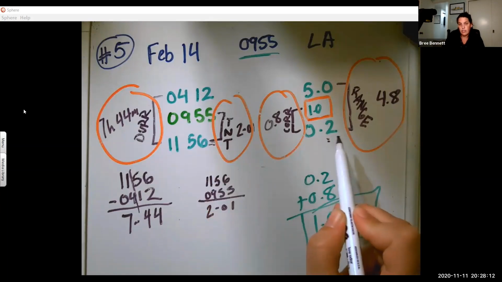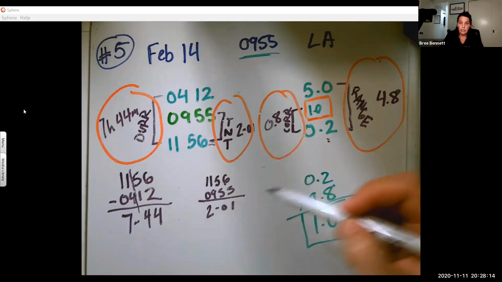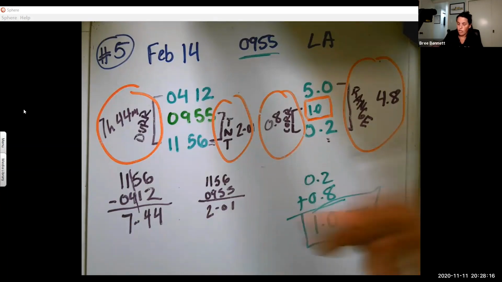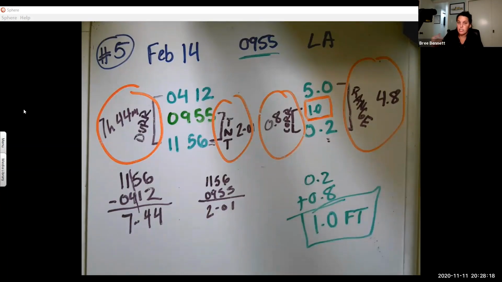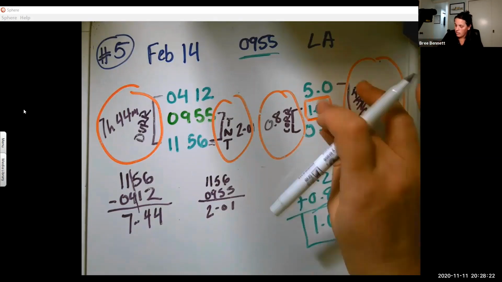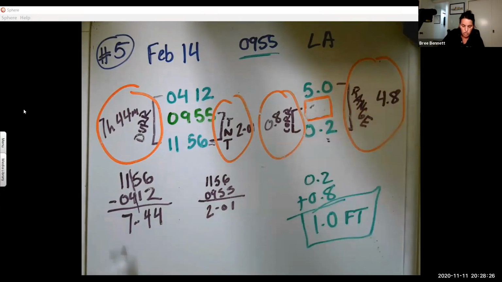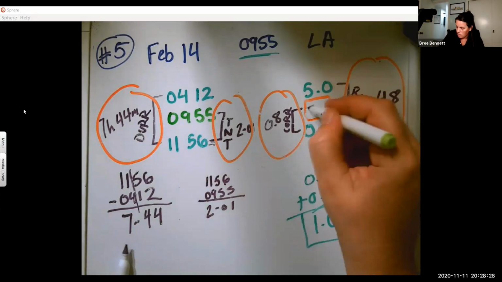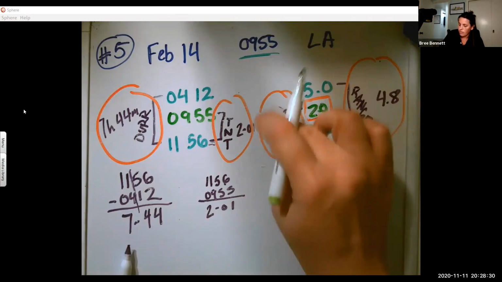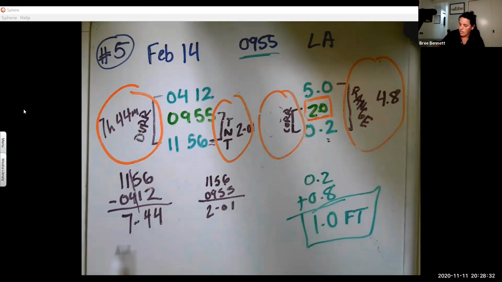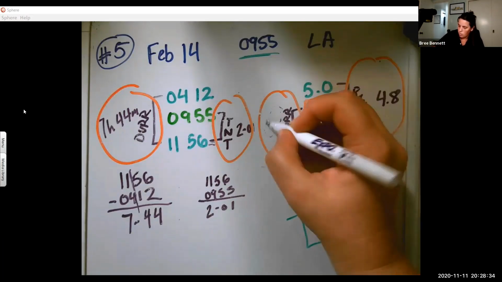Sometimes when you're calculating, you have different missing values. Say you're looking for when the tide is going to be 2 feet, and that's what you know. So you're looking for a correction of 1.8.